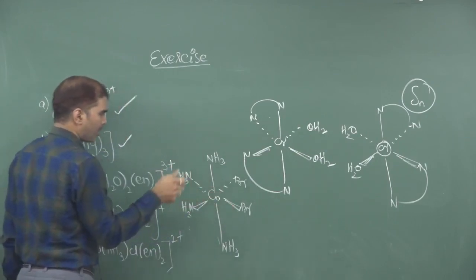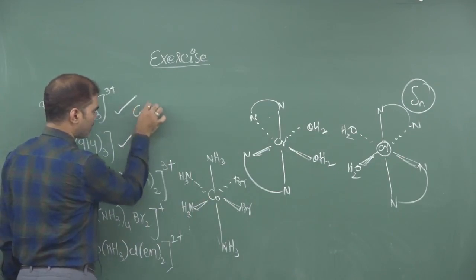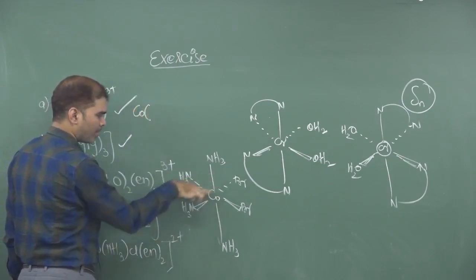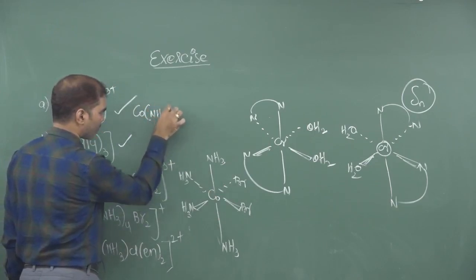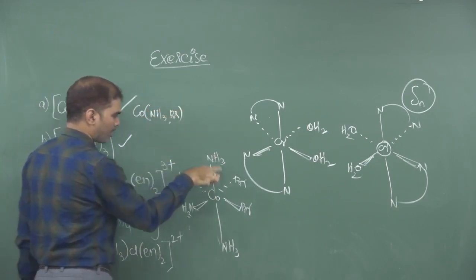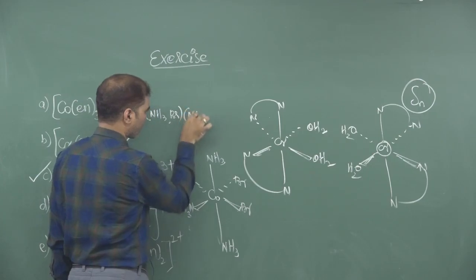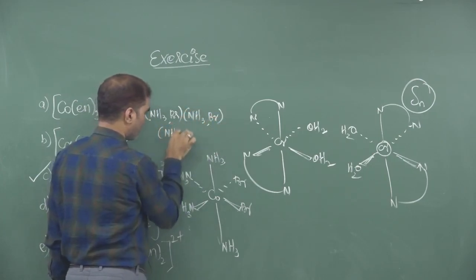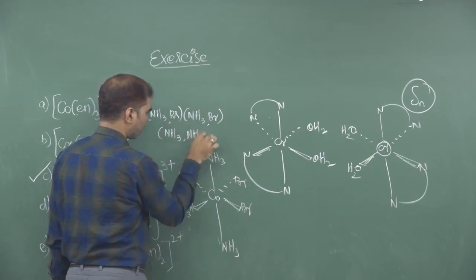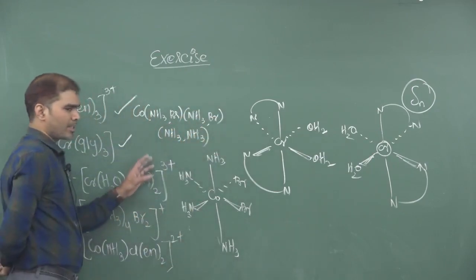Or else, I told you a simple logic. What is that logic? You have to write ligand pairs with trans. So one trans pair is NH3, bromine. Another trans pair is NH3, bromine. Third trans pair is NH3 to NH3. What was the logic we have discussed?